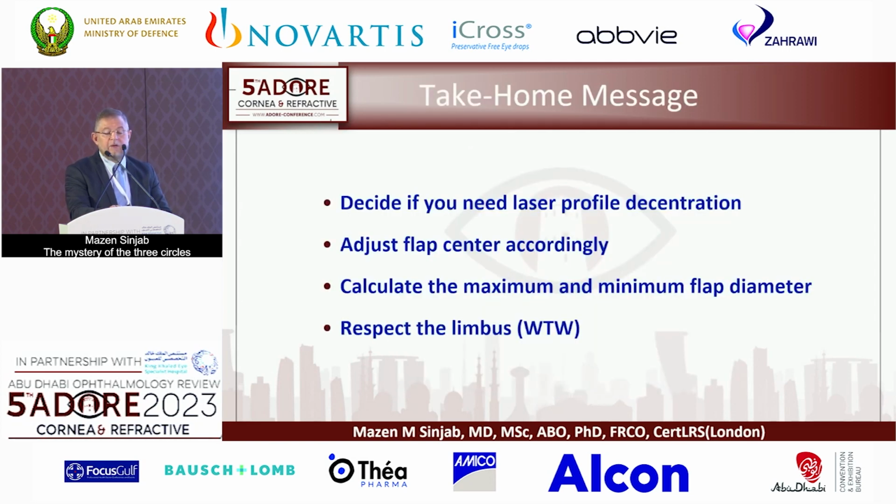So you have to decide if you need laser profile decentration for the patient. You have to adjust flap center accordingly, and you have to calculate the maximum and minimum flap diameter, and of course we have to respect the limbus.